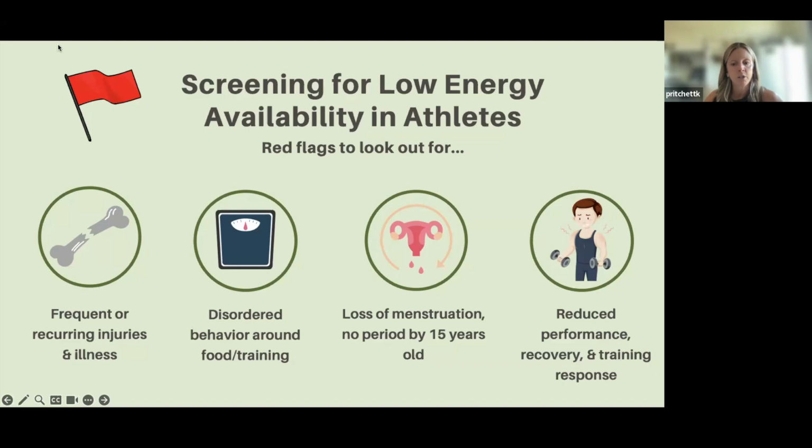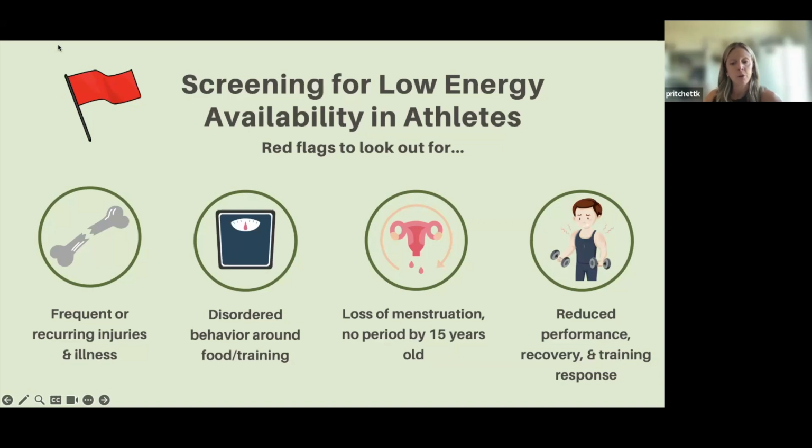I also want to mention that this is not always the culprit. We could have PCOS as one of the causes, but it really is a red flag and one of the most, I would say, objective things that we could look for.